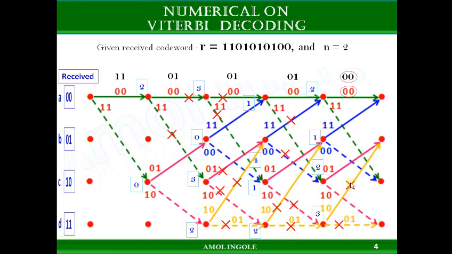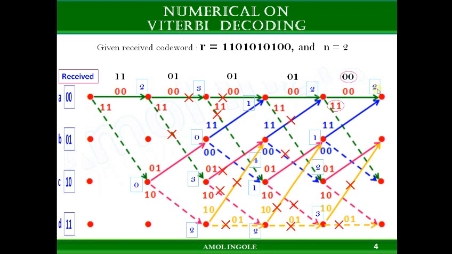Okay. Now let's find the path metric. We'll proceed with these 3 paths now in the final step. The Hamming distance between these two will be 0. 0 will be added with the previous path metric, which is 2. So the total path metric is 2 here.